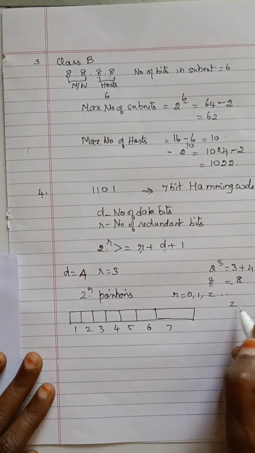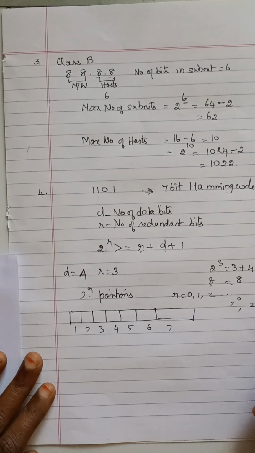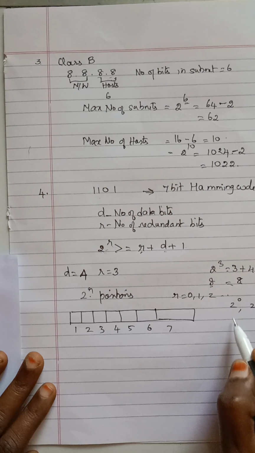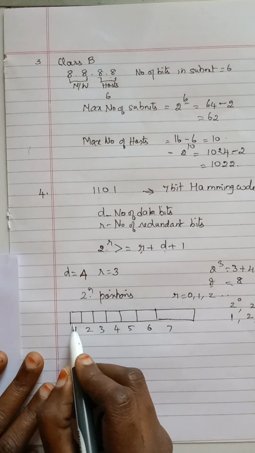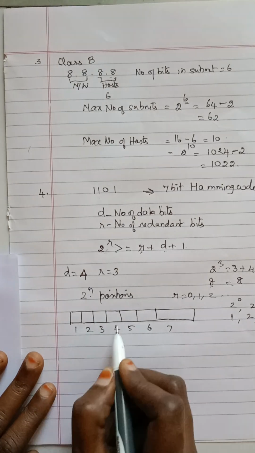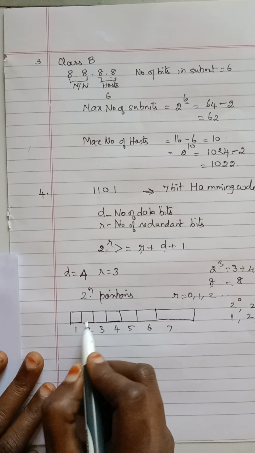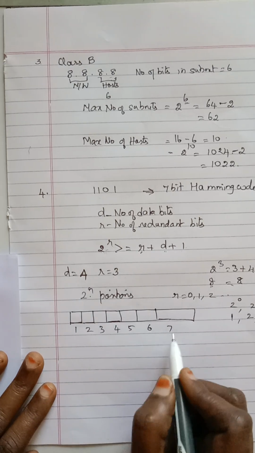So 2^0, 2^1 and 2^2. What are the positions? 2^0 means first position, 2^1 means second position, 2^2 means fourth position. So the first, second and fourth positions are the parity bits, and the other positions are the data bits.